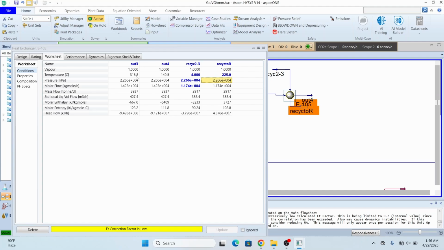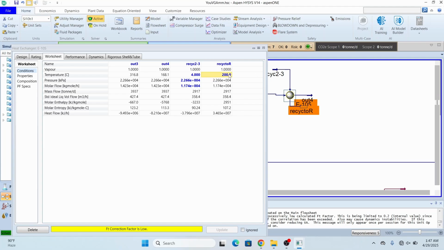this stream does not have enough energy to increase its temperature. So here I can give a smaller value. You can give any smaller value, say 200 degrees.